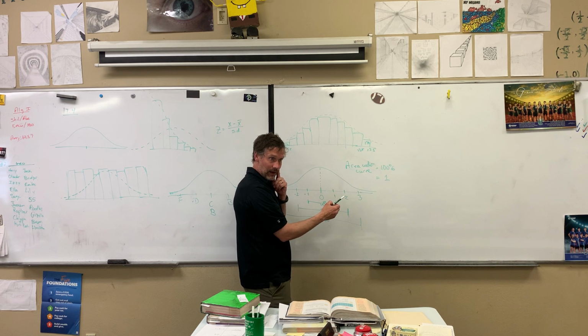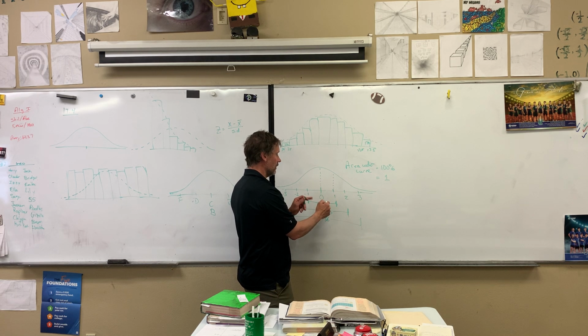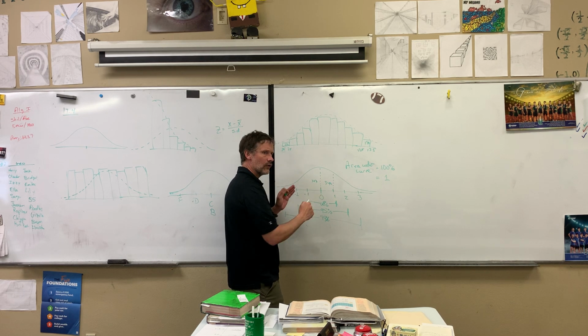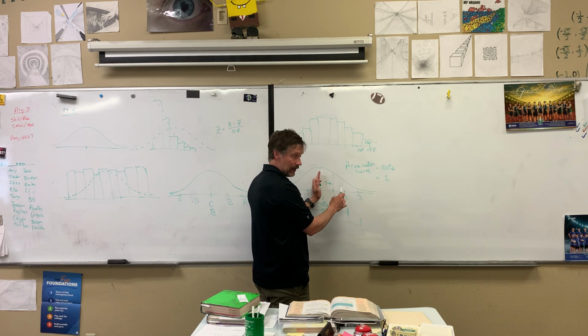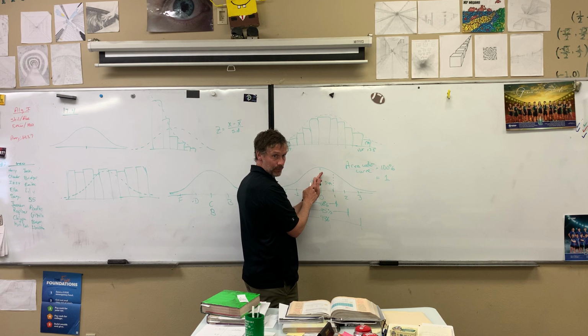It's symmetrical, right? So if between -1 and 1 is 68%, how much is between 0 and 1? This would be 34% there and 34% here. But this is always 50%. Some books will describe only looking at 0 going forward, and you just have to know that 50% is always below that.